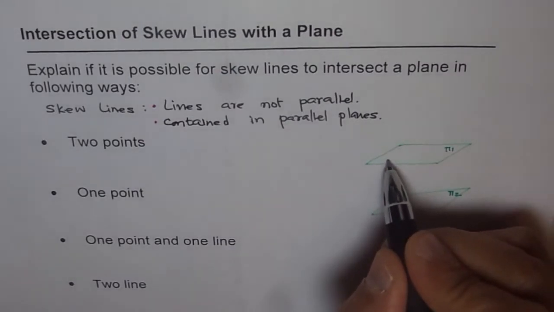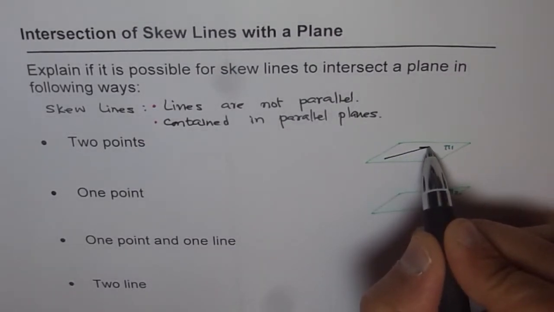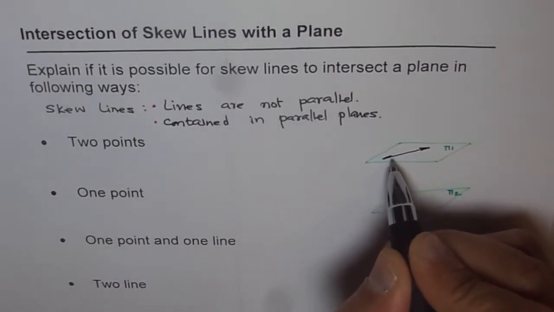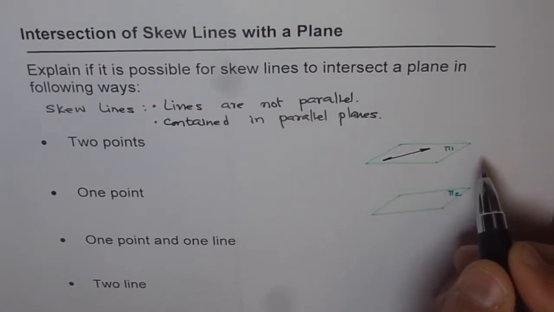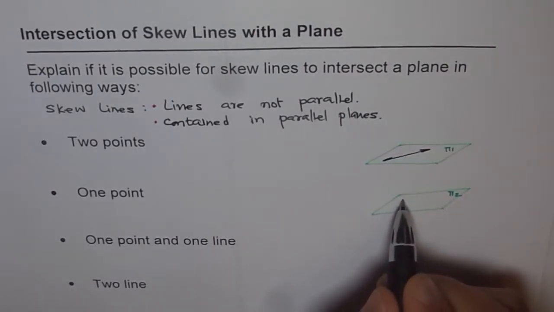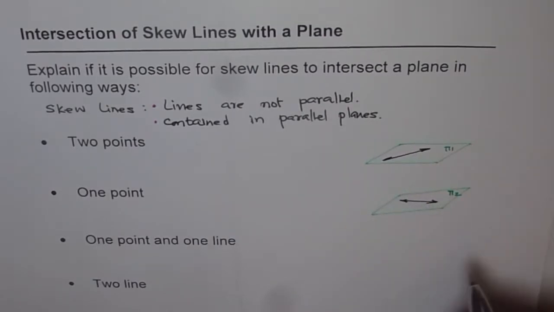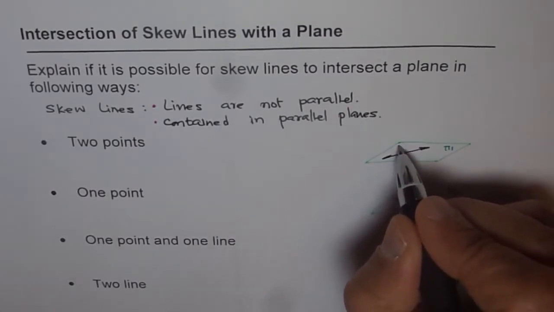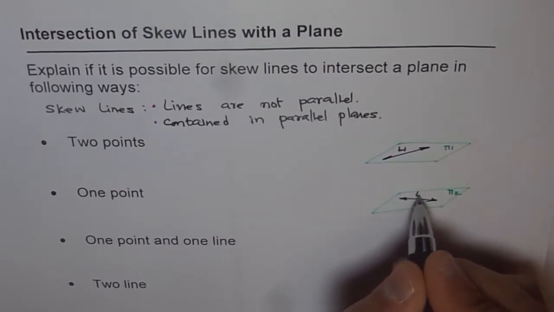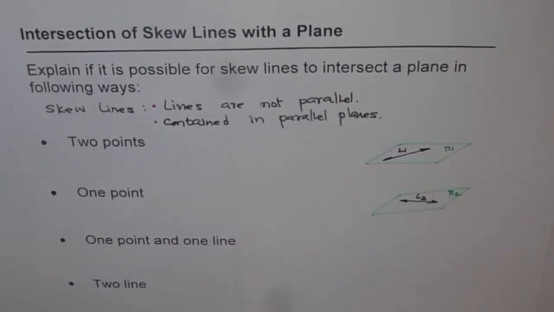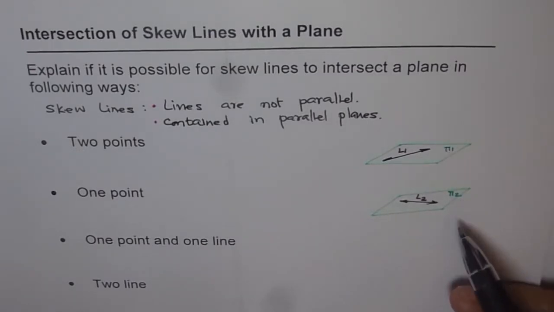So let me draw one line which is kind of like this, right? It extends forever since the plane also extends. And here I'm drawing a line which is kind of like this, right? As you can see, these lines are not parallel. I'll name this line L1 and this line L2 so that it's easier for me to communicate with you. And the planes are pi 1 and pi 2.